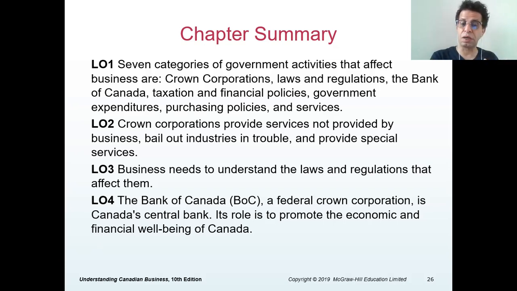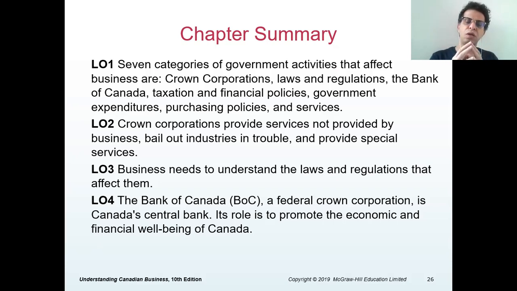Then we talked about Crown corporations providing services not provided by businesses in general, bailing out industries in trouble, and also providing special services.